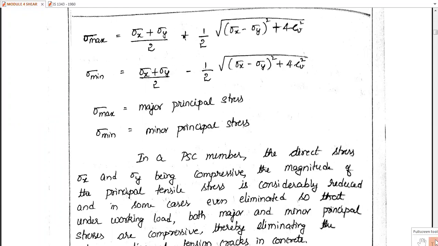The major difference is that the sign changes when compared with the major principal stress. The major principal stress indicates the compressive stress, and this minor principal stress, sigma minimum, indicates the tensile stress.